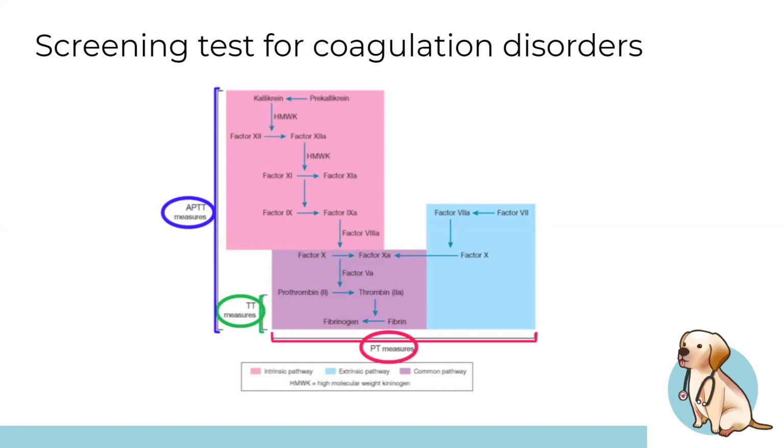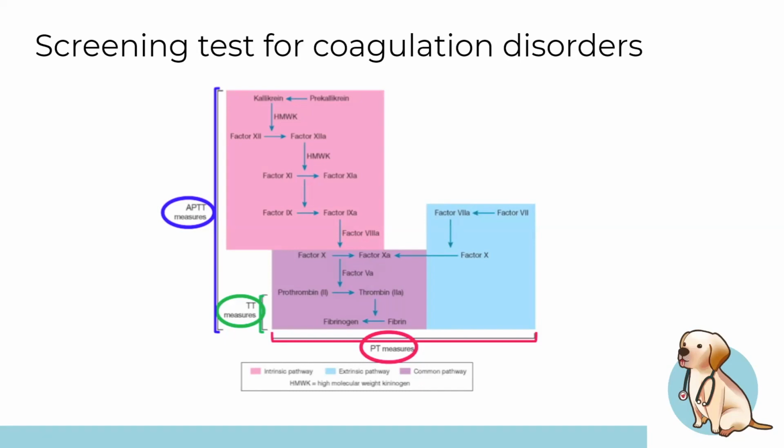So for example, intrinsic is from your contact activation. So it's basically activated from damage within your blood vessel. Whereas your extrinsic pathway is the tissue factor pathway, and it's basically going to be activated by damage to the tissue itself. And your common pathway always occurs regardless of what's going to actually start it.